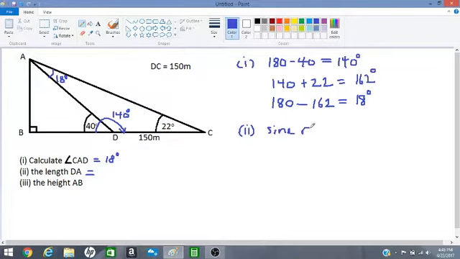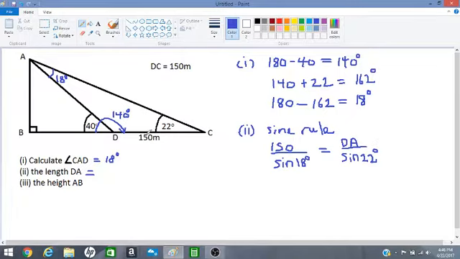The sine rule says a over sine A is equal to b over sine B is equal to c over sine C. So we can say 150 over sine 18 degrees is equal to DA over sine 22 degrees.